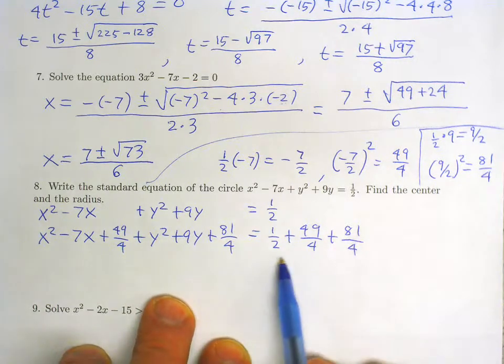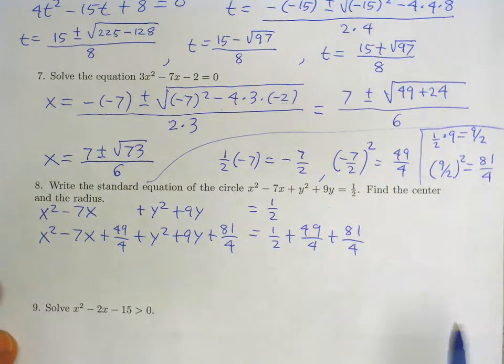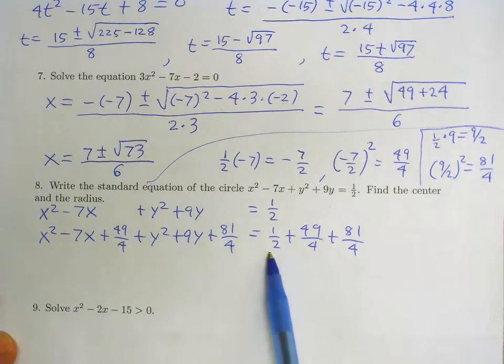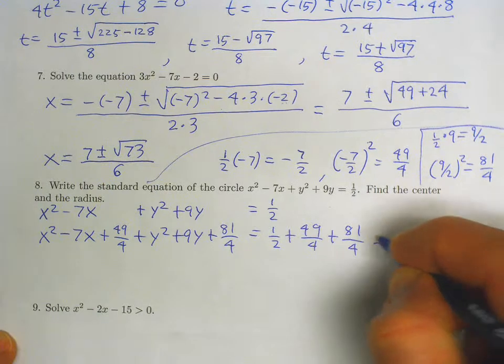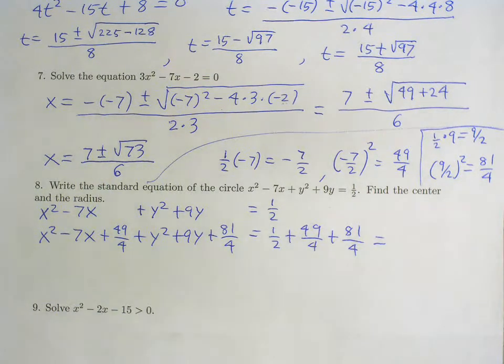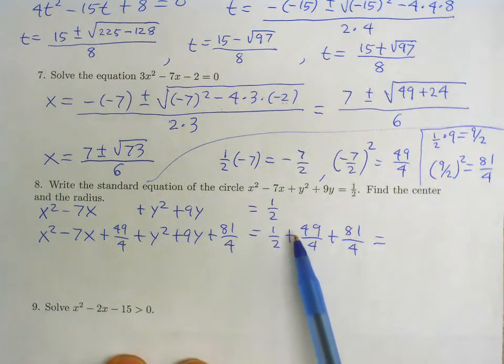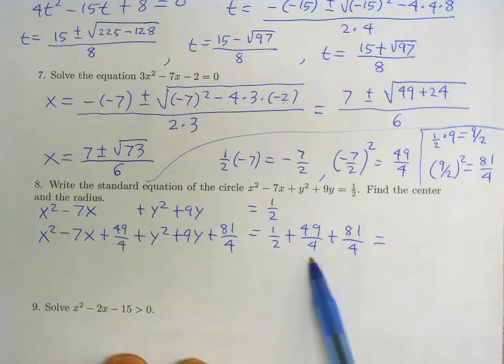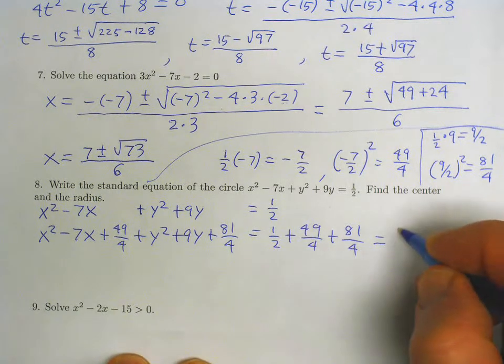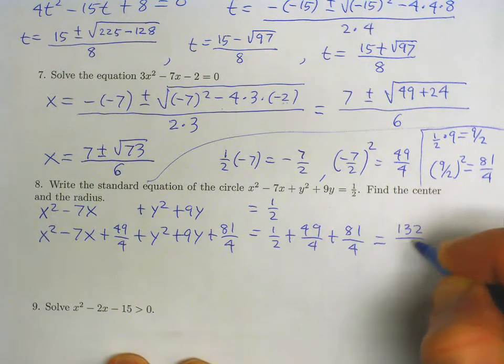Okay, on the right-hand side, we have to add these three fractions. The least common denominator is 4, and 1/2 is equivalent to 2/4. So we can add these up. So 2/4 plus 49/4 plus 81/4 is 132/4.